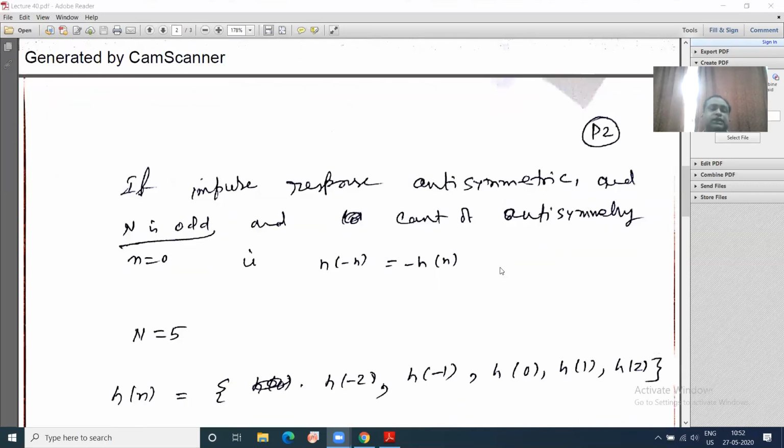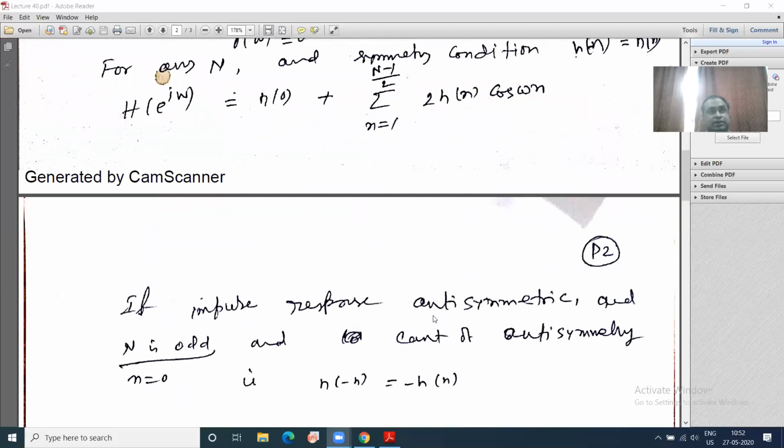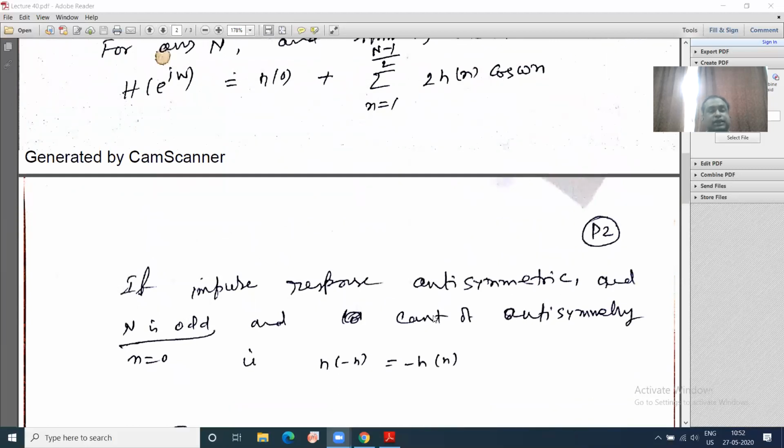So, if the center of antisymmetry is n equal to 0, antisymmetry means h of minus n equal to minus hn. Symmetry means h of minus n equal to hn. Previously also we have seen with respect to N minus 1. Symmetry means h of N minus 1 minus n, N being the number of samples to be considered for the impulse response, equals hn.